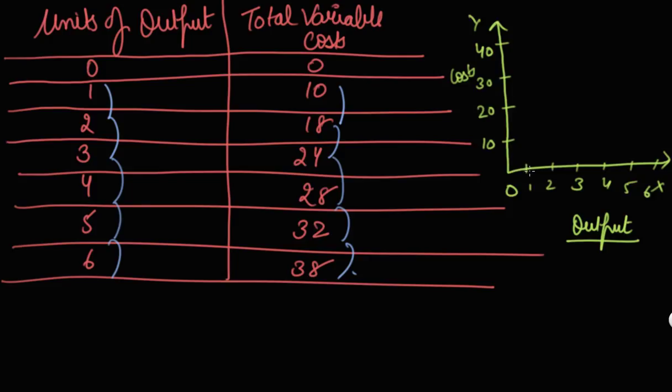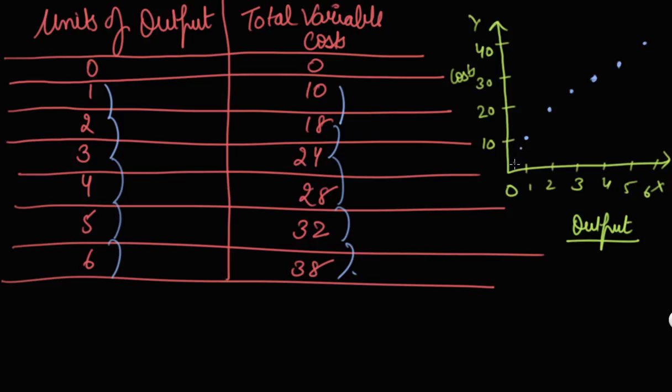At 0 it is 0, at 1 it is 10, at 2 it is 18, at 3 it is 24, at 4 it is 28, at 5 it is 32, at 6 it is 38.